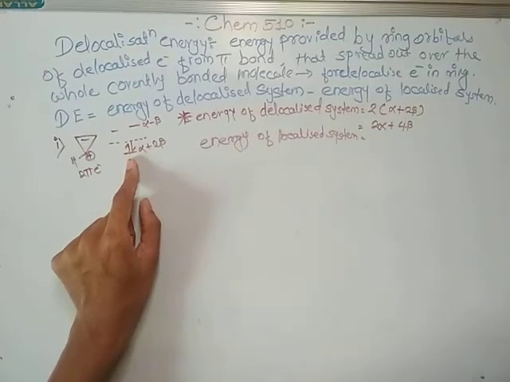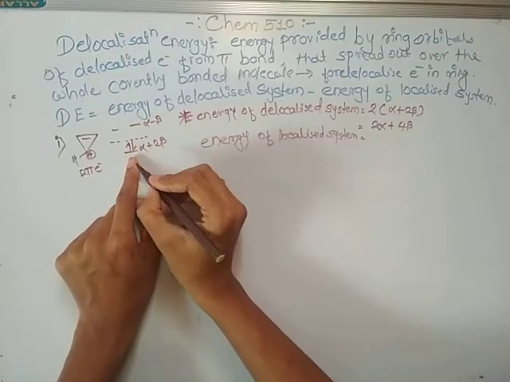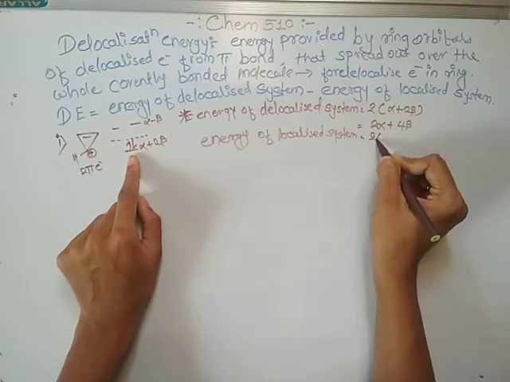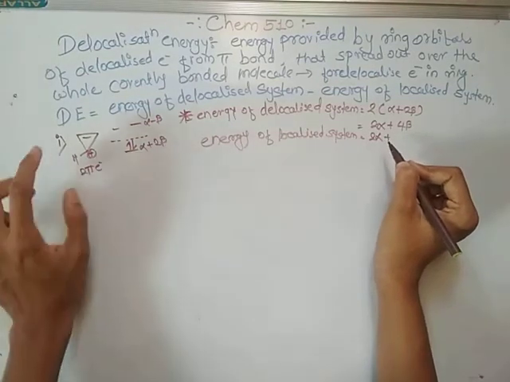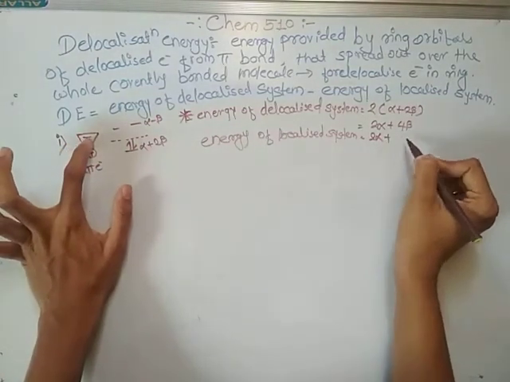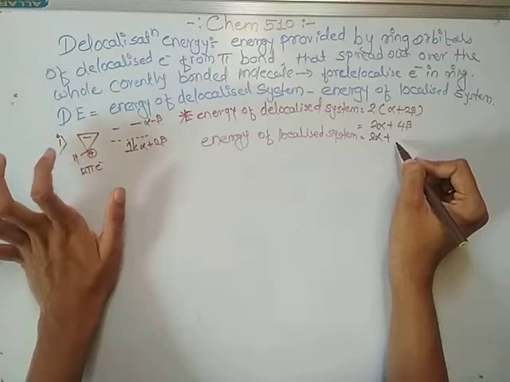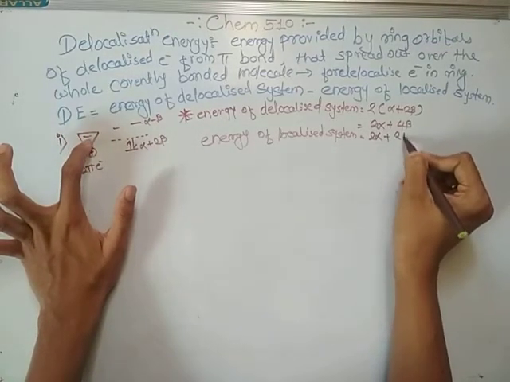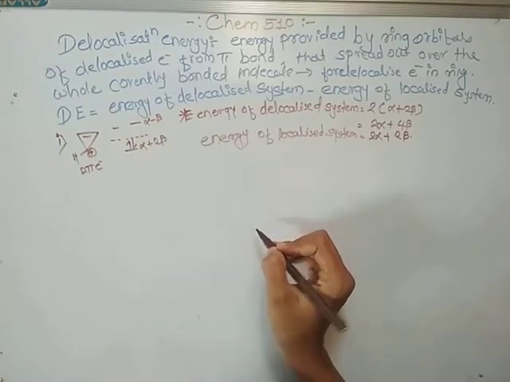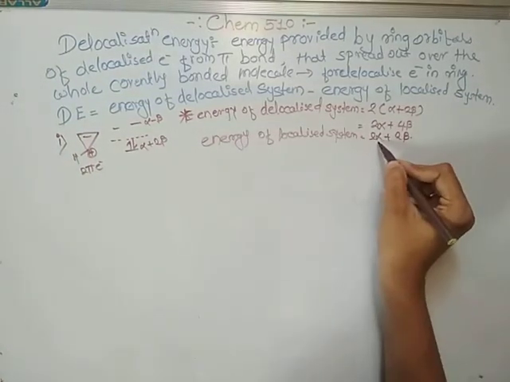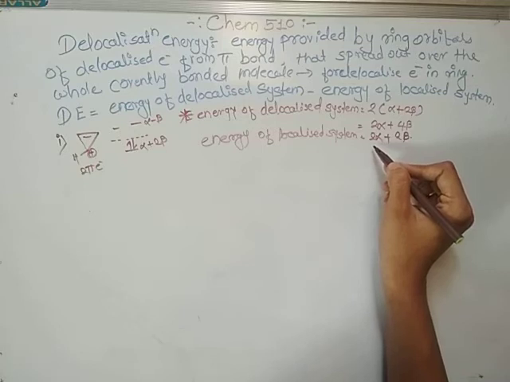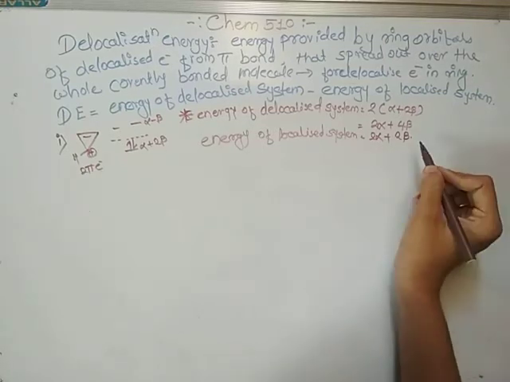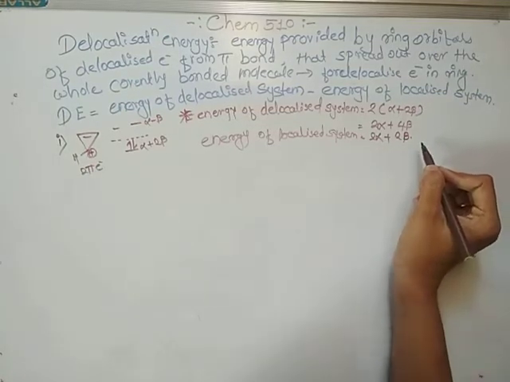Now energy of localized system is equal to, 2 pi electrons are present, so 2 alpha plus 2 beta, as 1 double bond is present, here 2 beta. In this, alpha is energy of non-bonding electron and 2 beta for each double bond.